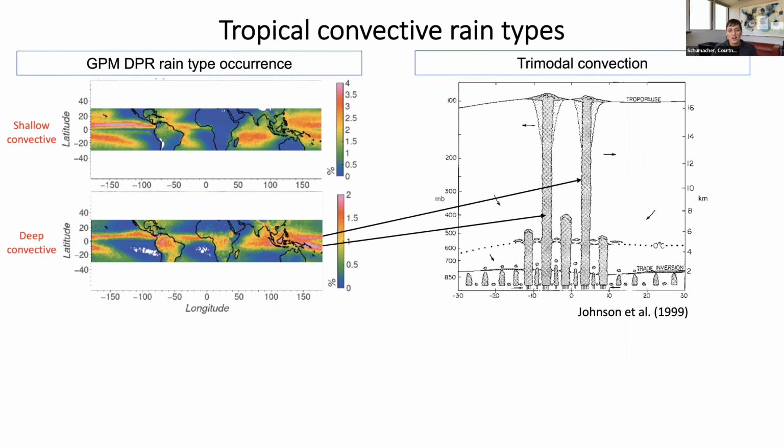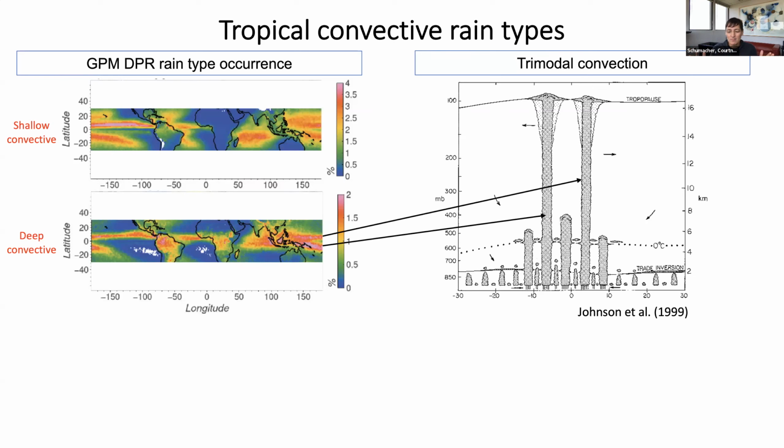And then I'm going to first start with the first paradigm I want to look at, the trimodal convection. People know this is a very famous paper by Johnson et al. from 1999. And they used ground radar data and other data sets, especially from the West Pacific, to draw this view of how all three types are important to the tropics: non-precipitating shallow convection, precipitating shallow convection, so the cumulus here, and then the congestus here, and then the really deep cumulonimbus.